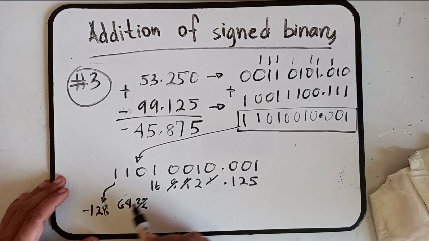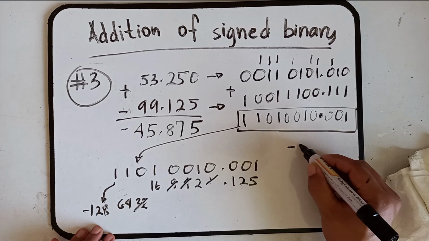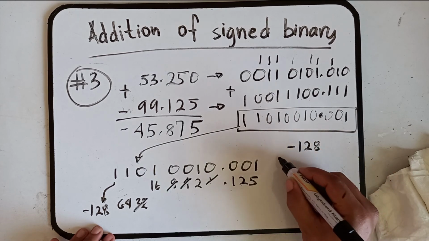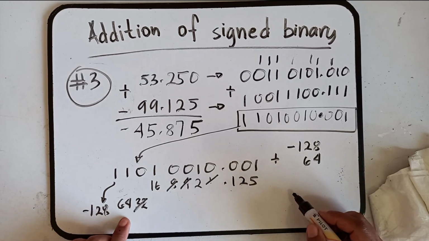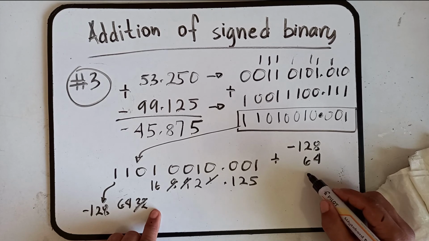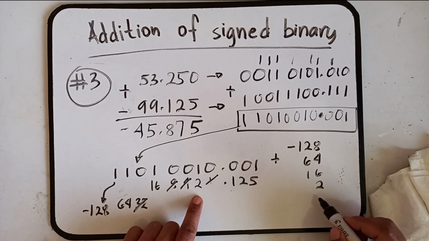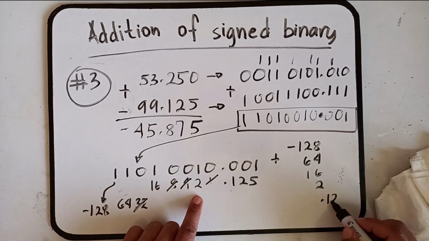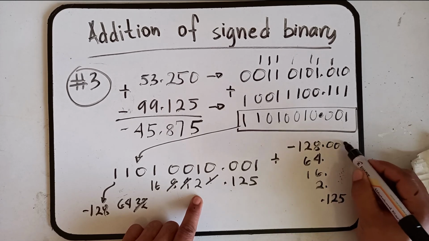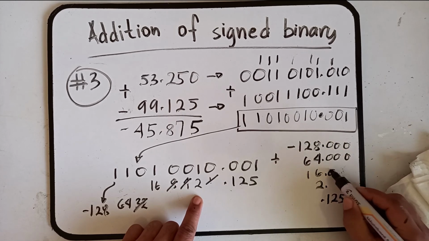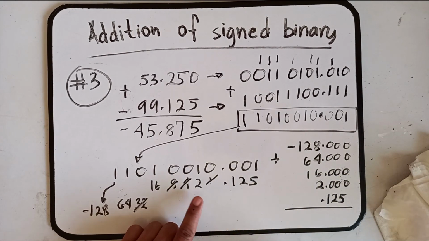So we have to add all these numbers starting from negative 128. So let's write here negative 128 plus 64 plus 16 plus 2 plus 0.125. And let's pad this with zeros, up to the last whole number. Okay, then let's add.